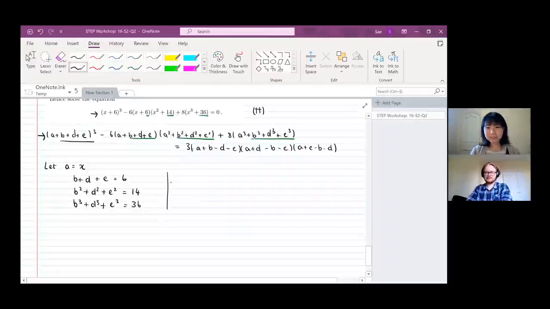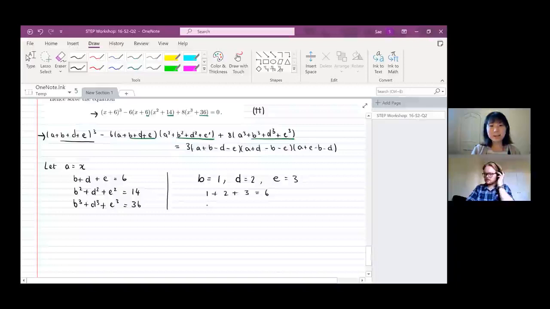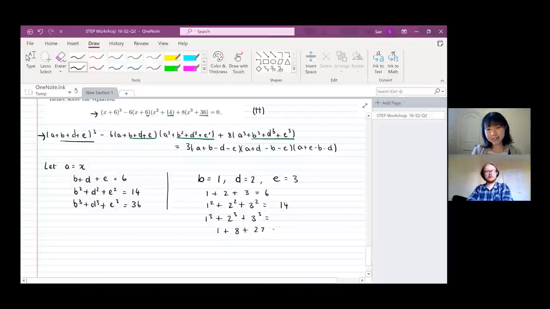And in this case, we have a suggestion of B equals 1, D equals 2, and E equals 3. Does this work? Well, we have 1 plus 2 plus 3 equals 6. We have 1 squared plus 2 squared plus 3 squared, which is 1 plus 4 plus 9, which is 14. 1 cubed plus 2 cubed plus 3 cubed, that's 1 plus 8 plus 27.